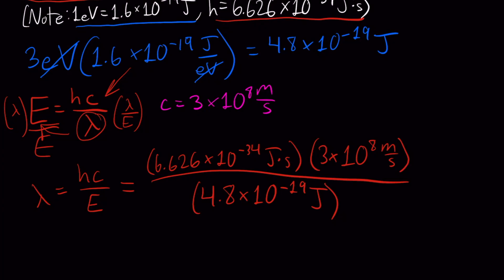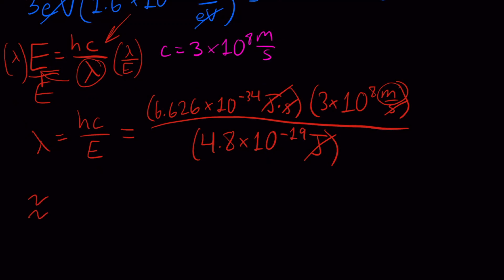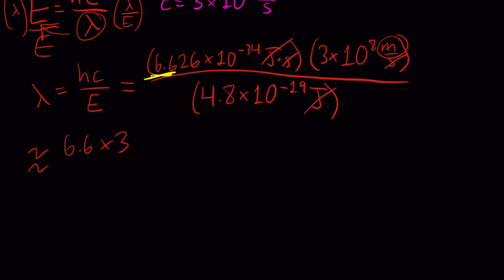Now we can cross out some of these units. Let's cross out seconds here and joules here. So we're left with meters. Let's round this 6.626 to just 6.6. And let's go ahead and multiply that by 3, right? So we got this 6.6 times 3 here.